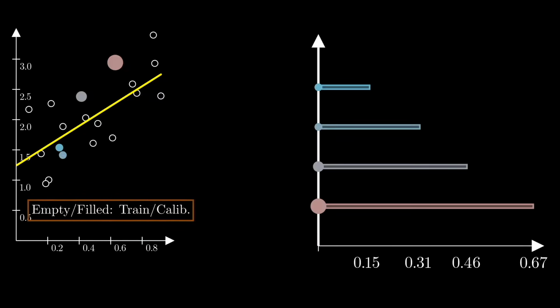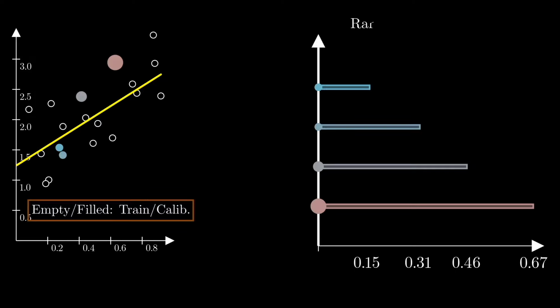To better understand this, let's reduce the number of calibration points, the solid dots on the screen, to just a few, for example 4, and make their size proportional to their error. The higher the error of a calibration point, the bigger the size of the dot associated with it. With these modifications, the vertical axis of the non-conformity ladder will consist of 5 subintervals only.